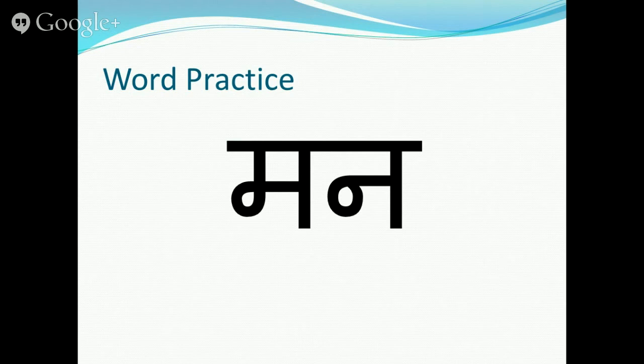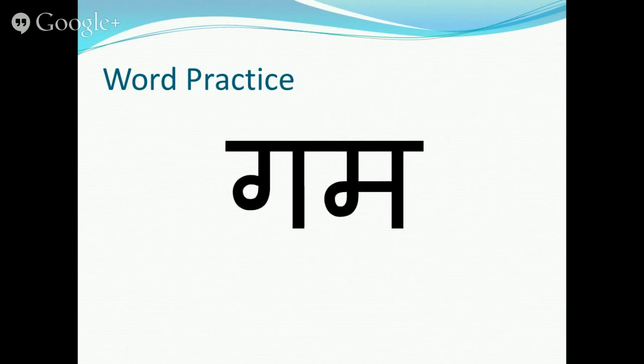Mun. Now, if you said man, that is actually incorrect. So we want to be careful. This is a short a because there's no symbol there. So this is a mun. Mun. The mind or the heart.